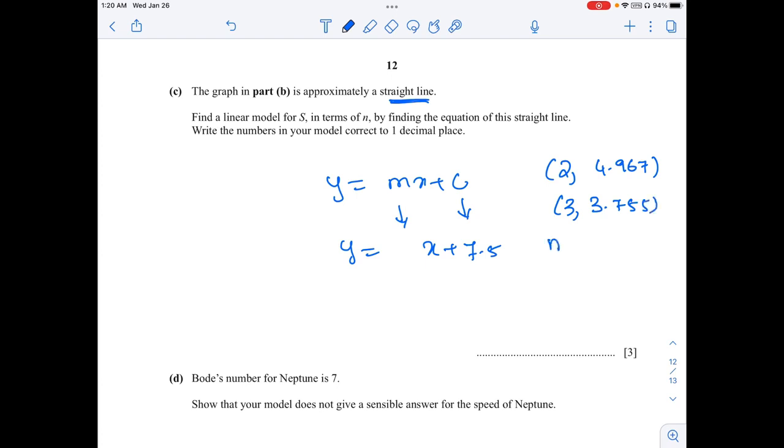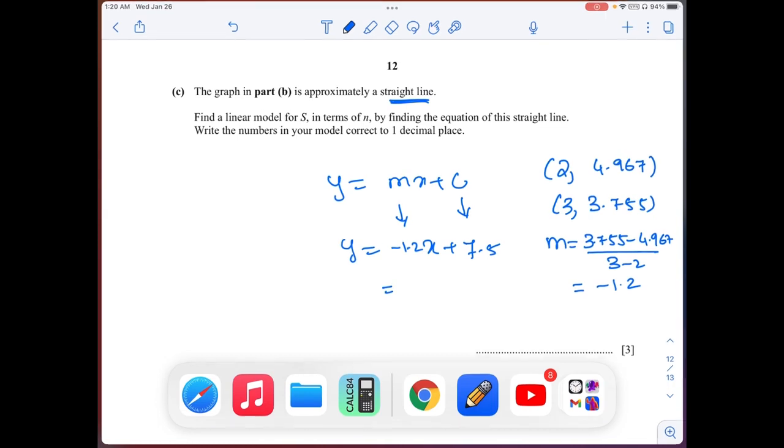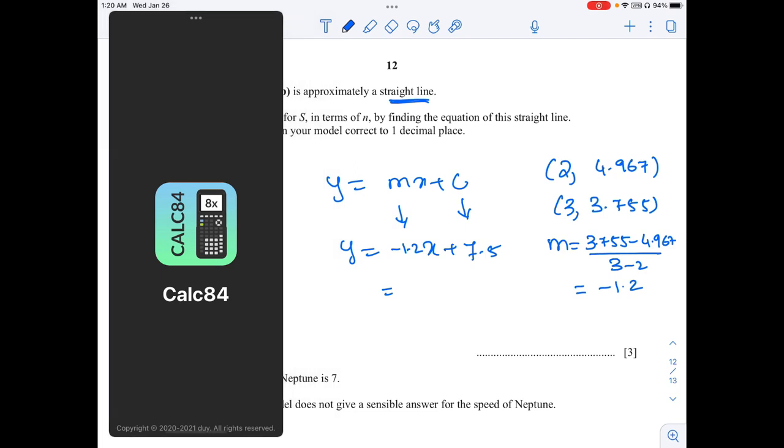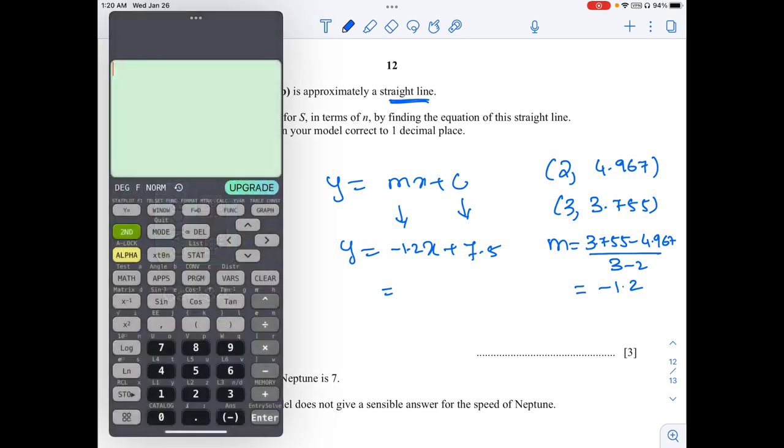So I find the gradient, which is y2 minus y1 upon x2 minus x1. It should be something around negative 1.2. If I use the calculator correctly, it is 3.755 minus 4.967 divided by 3 minus 2. 3 minus 2 is 1.